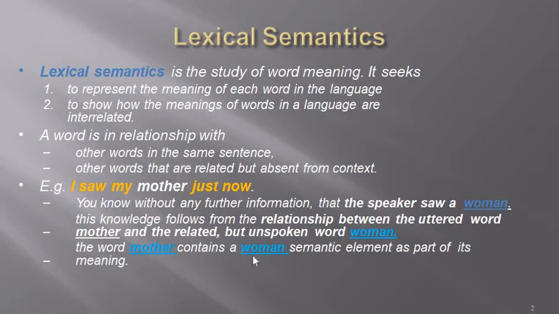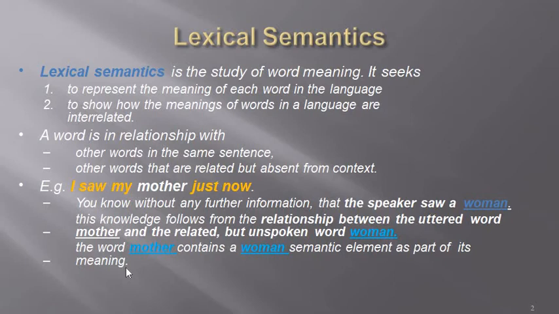The question arises why this happens. The word mother contains a woman semantic element as a part of its meaning, because if we talk about the meaning of mother, biologically it is a woman, married, and we can define the word mother in different senses. The property of mother is also being a woman, which is a semantic element as part of its meaning.